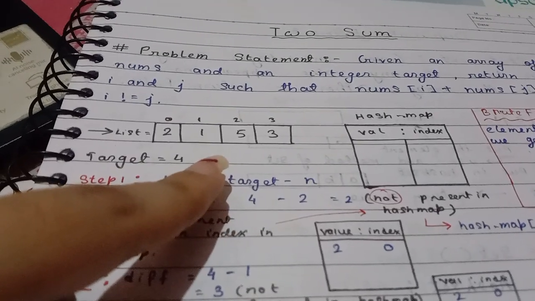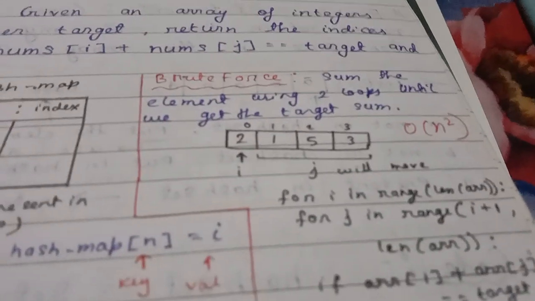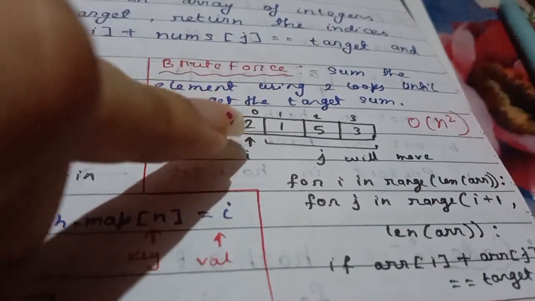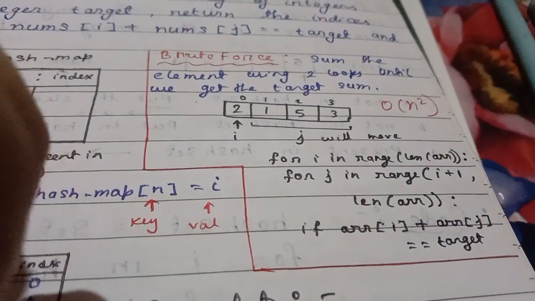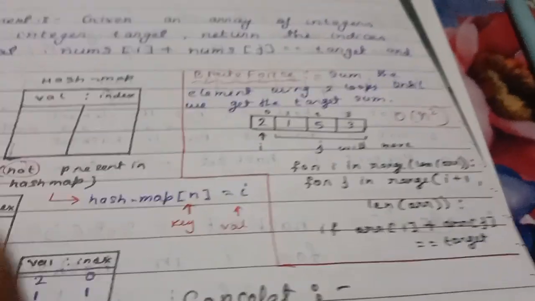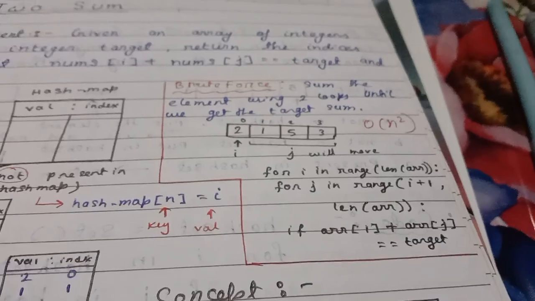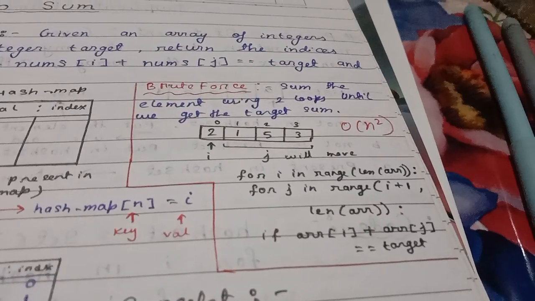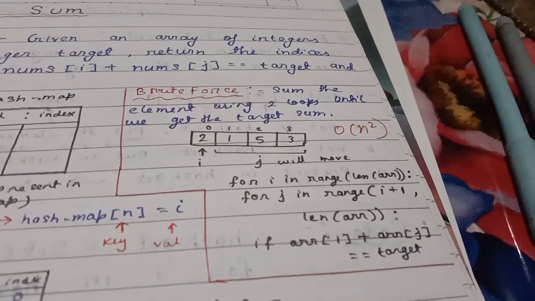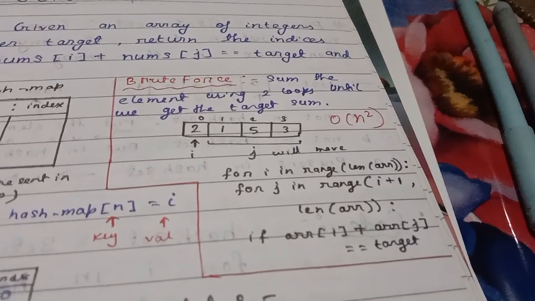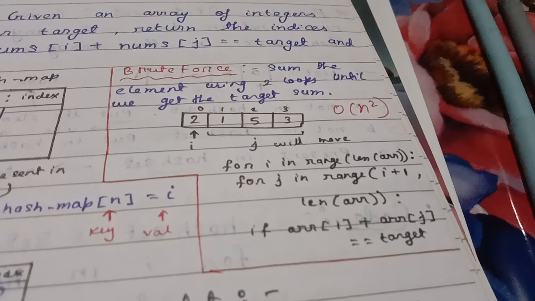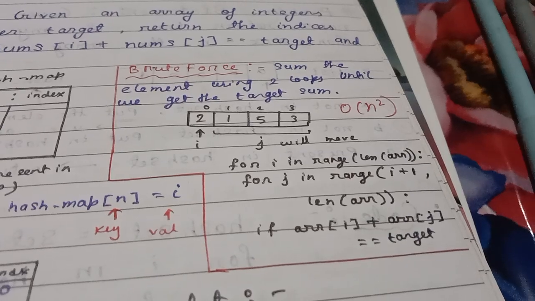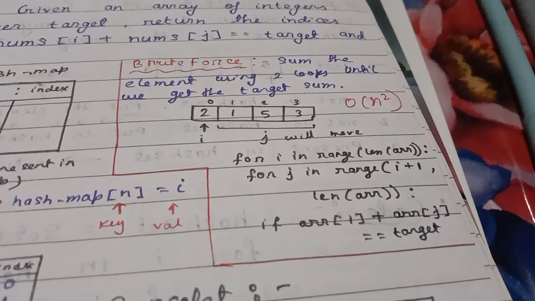One approach is the so-called brute force approach, where we iterate over the elements and run loops: an outer loop I over the entire length of the array, and another loop j from the I plus 1 position till the length of the array.